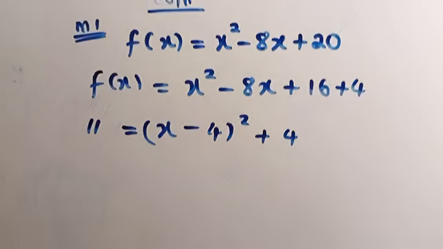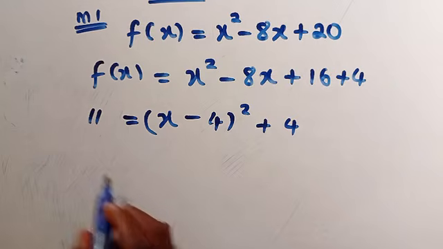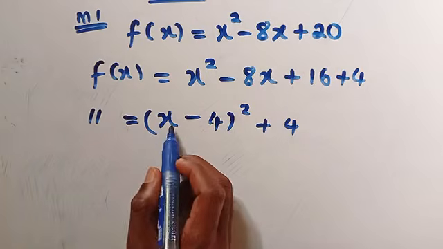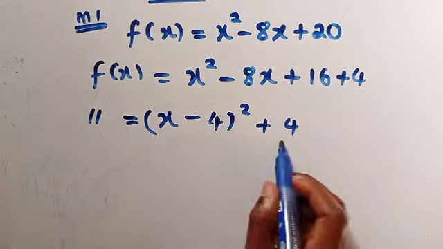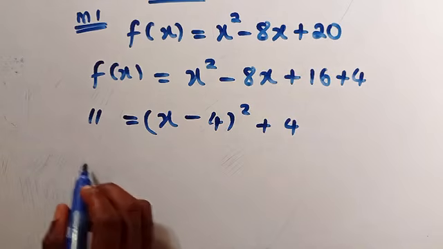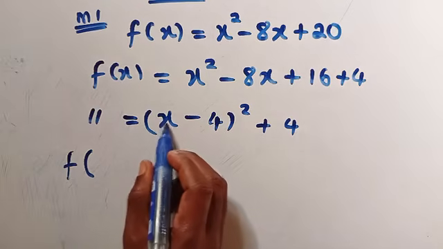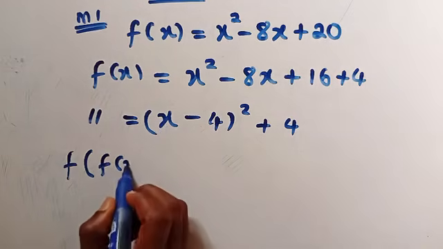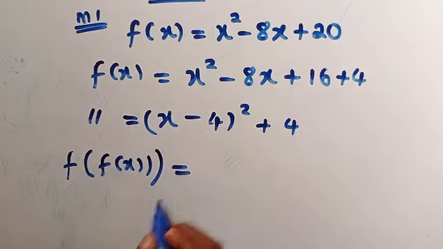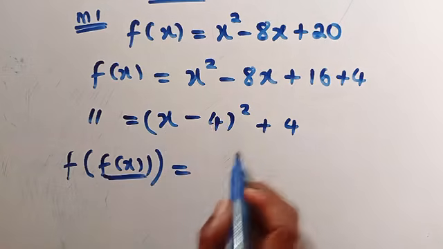And let's say we introduce the composite function f of f of x to this as well. That is, anywhere we see x, it becomes all of this: x minus 4 squared plus 4. So this is what I'm saying. Let's say we have f of f of x; the f of x itself is x minus 4 squared plus 4.